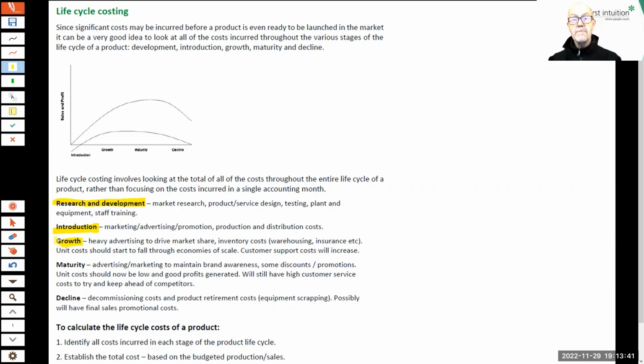Finally, the product becomes well known, and hopefully to an extent we make a few bob in profit. And then finally, at the end of time, it declines. Beyond that, though, in life cycle costing, even after the product has finished, there can be decommissioning costs. So there's more to it than just costs during the life of the product.